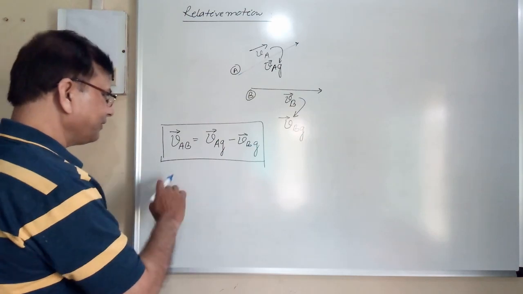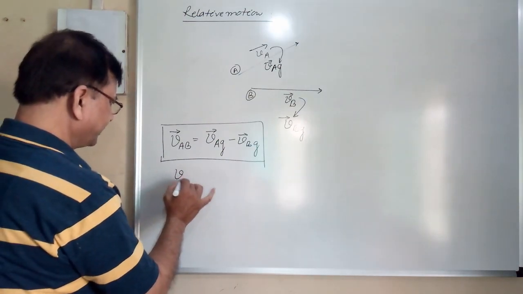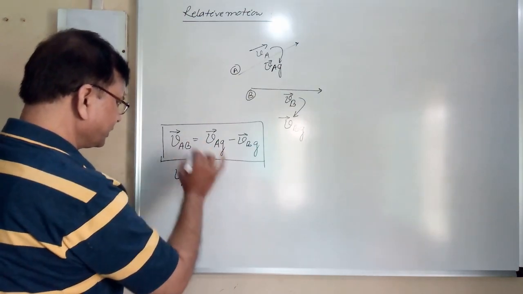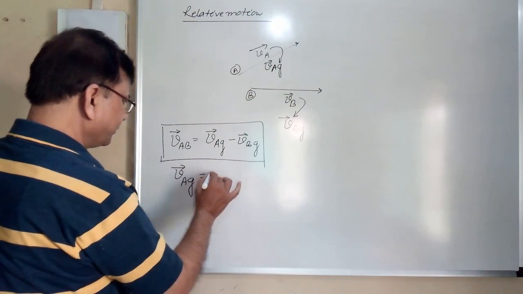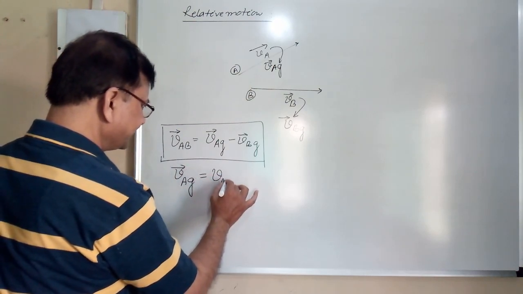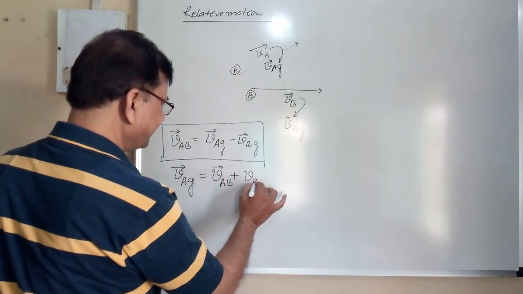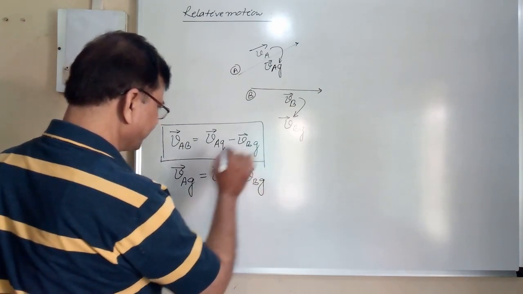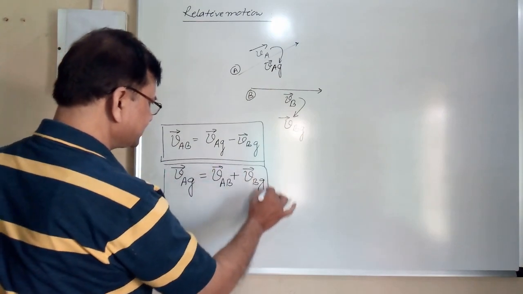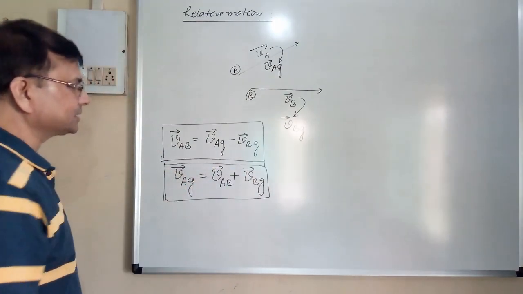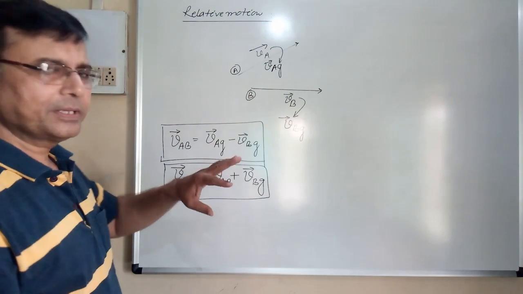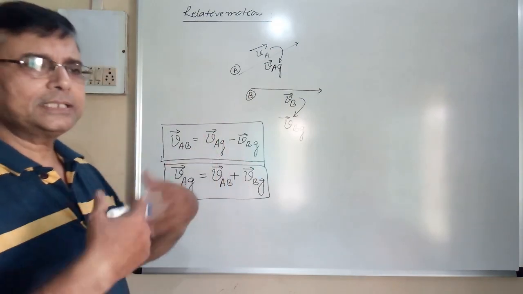Or in a different way, velocity of A with respect to ground is equal to velocity of A with respect to B plus velocity of B with respect to ground. So these two relations mean the same thing.